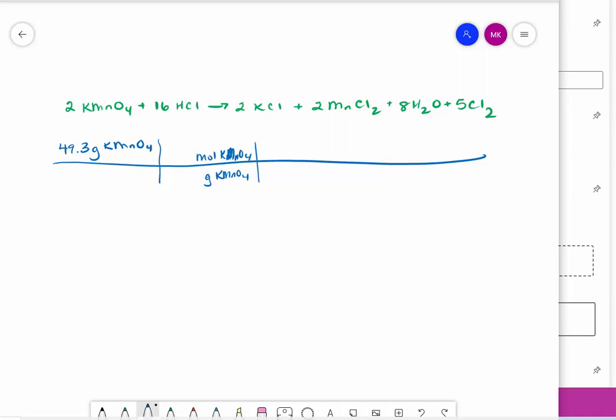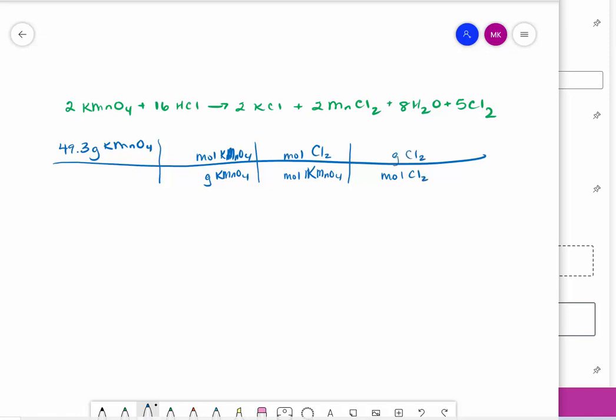Then I need to be able to convert my moles of KMnO4 into moles of my product. This time it's Cl2 is what we're looking for. Then I convert those moles into grams.